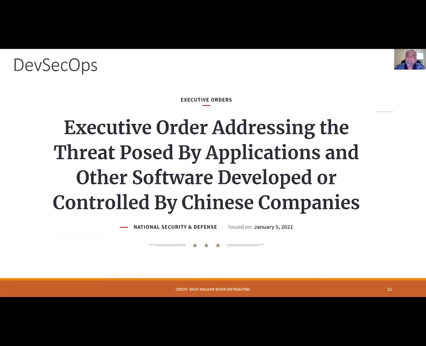When the Biden administration took over in January, there was an executive order about software development controlled by Chinese companies. That was President Trump, before he left office. He signed an executive order to see how Chinese companies and their software are having an impact on national security.